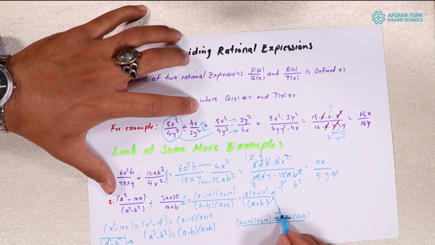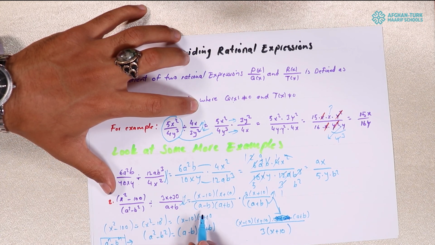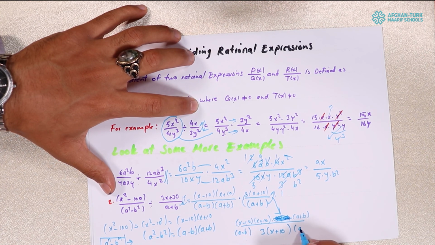A plus b here. At the denominator we have 3 times x plus what? 10. Am I right? Okay, and also we had a minus b times a plus b. A minus b. Okay, we can write here a plus b. Doesn't matter. Then we can easily simplify that.